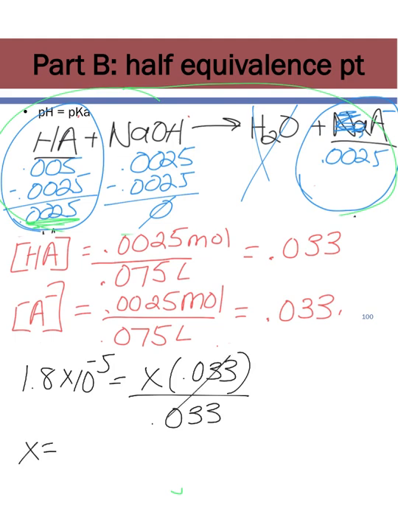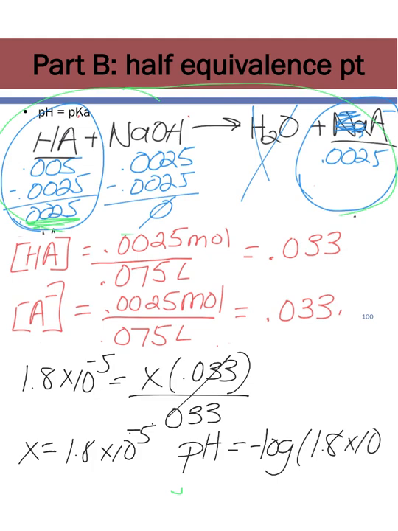I get X is equal to 1.8 times 10 to the negative fifth. In order to find the pH, I do negative log of 1.8 times 10 to the negative fifth, which now you recognize is pH equals the negative log of the Ka.